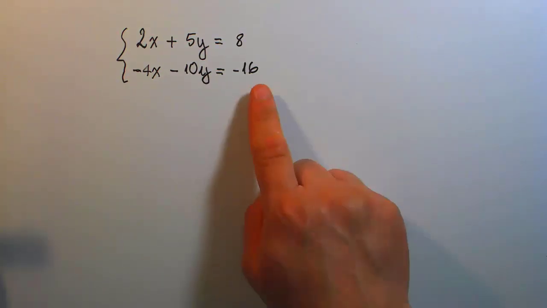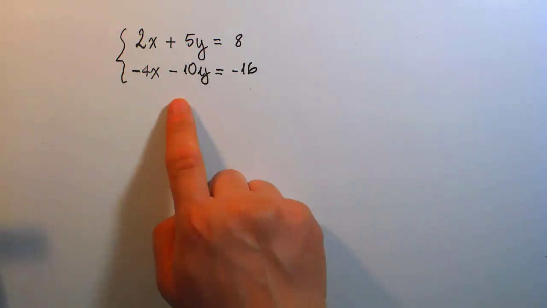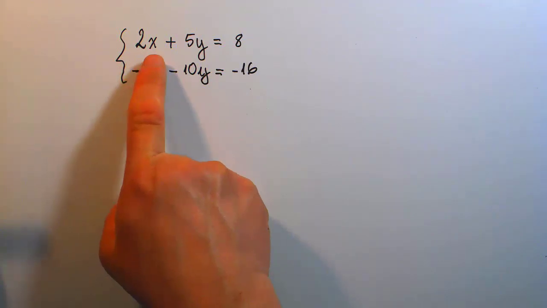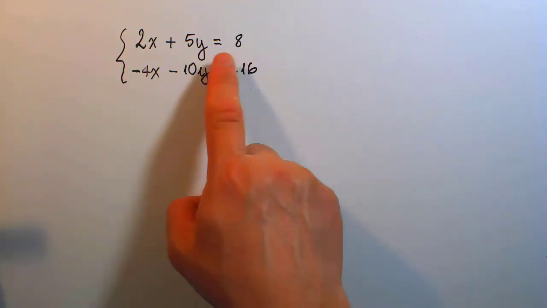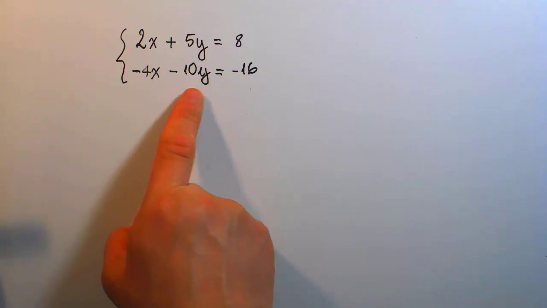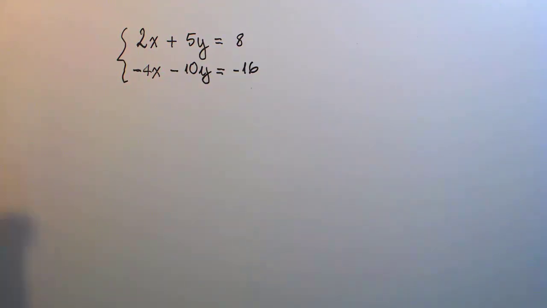Let's now look at what we have here, a system of two linear equations. We have 2x plus 5y equals 8, and the other equation in our system is minus 4x minus 10y equals negative 60.